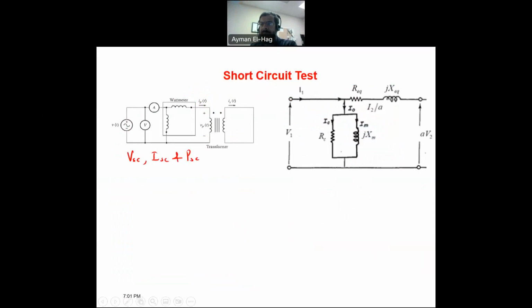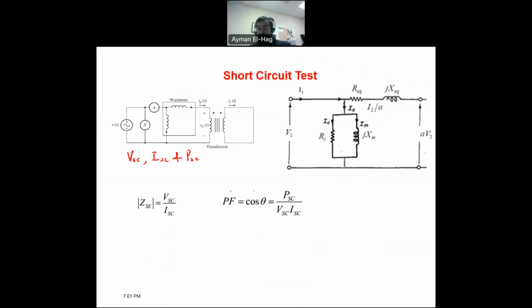So how to use these formulas? In a very similar way to what we did in the open circuit test. However, here we will find an impedance rather than the admittance because they are in series, not in parallel. So the magnitude of Z from the short circuit test is V short circuit divided by I short circuit.